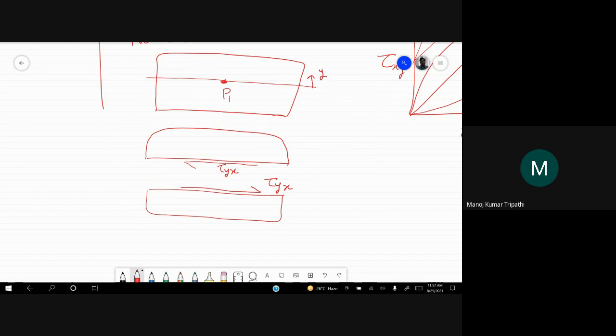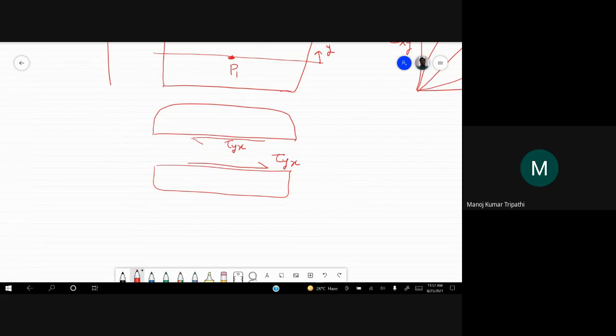So for convention, what we'll say is we will take the surface that is pointing upwards in the positive y direction. If the force is in the positive x, we will consider that as positive. If it is negative, we will consider that as negative.